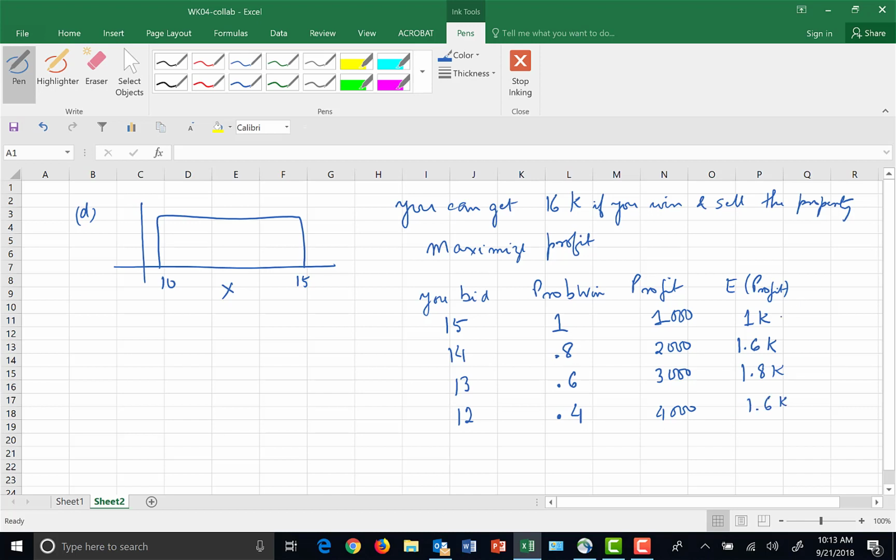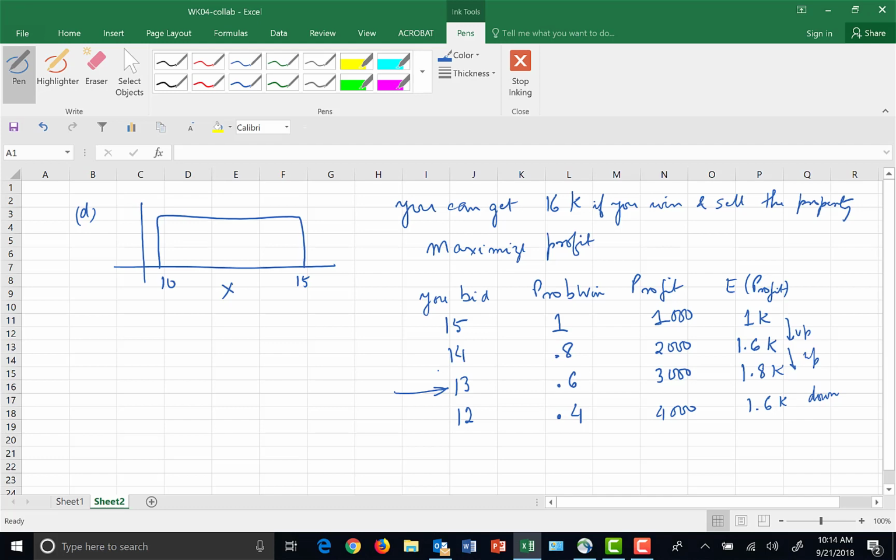Now do you see that the expected profit went up, and then went down. So based on this analysis, what I should bid is $13,000. That maximizes my expected profit.